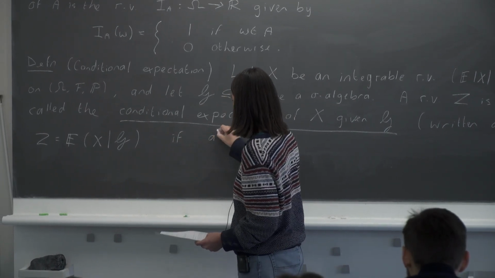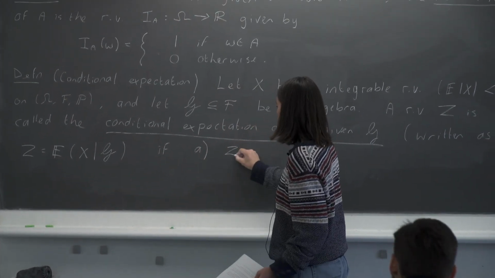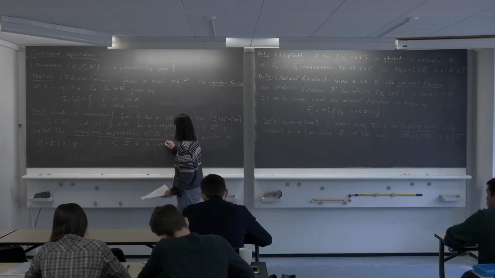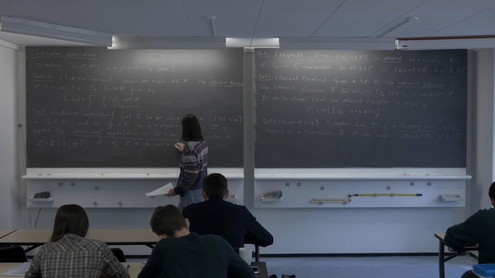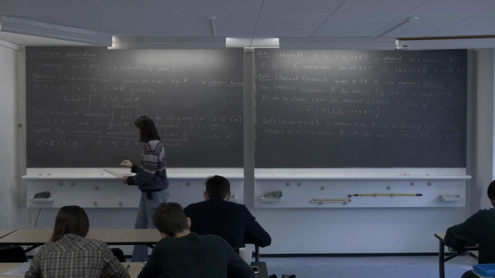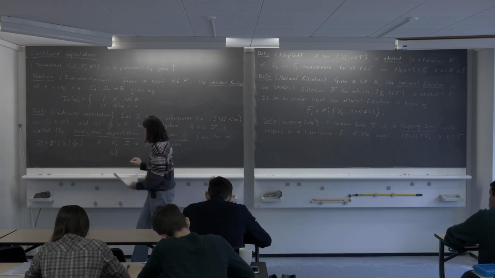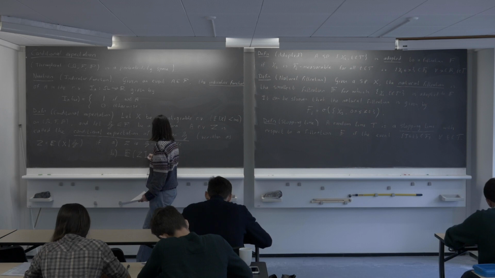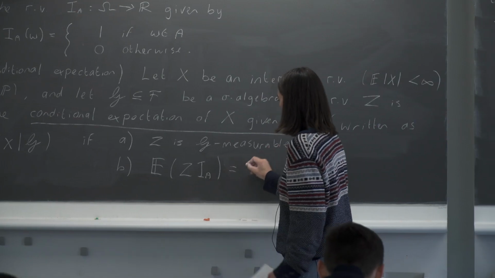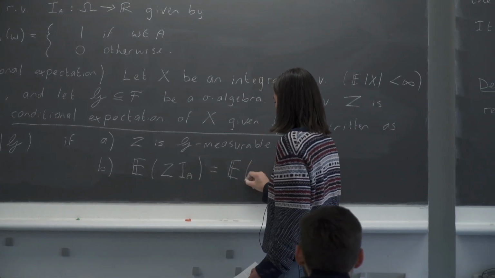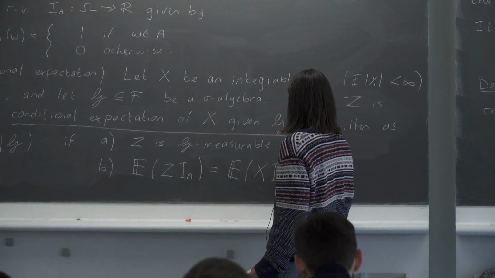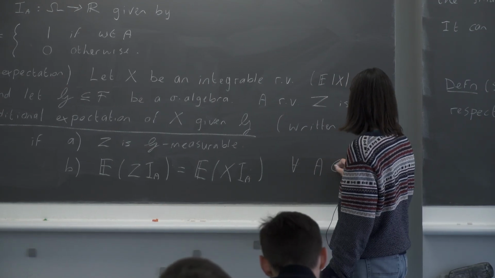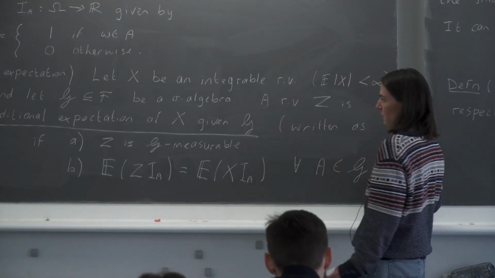The first one is Z is G-measurable. And the second property is that the expected value of Z times the indicator function of A is equal to the expected value of X times the indicator function of A. And this is true for all A in our sigma algebra G.